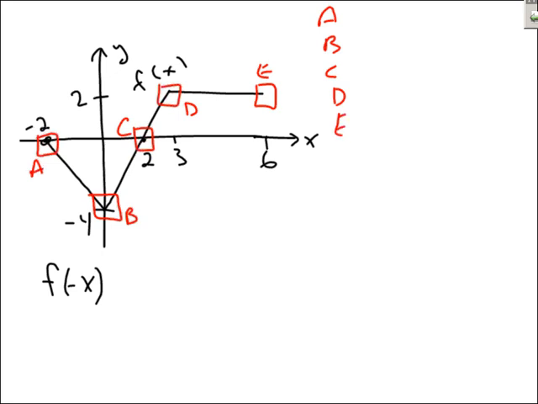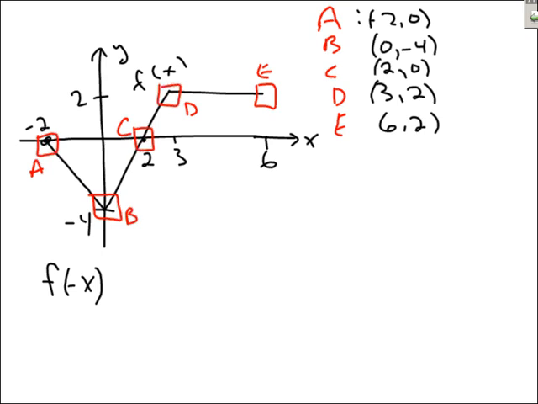That's what we like to know. Well, point A is negative 2, 0. Point B is x is 0, and y is negative 4. Point C, x is 2, y is 0. Point D is 3, 2. Point E, x is 6, y is 2.